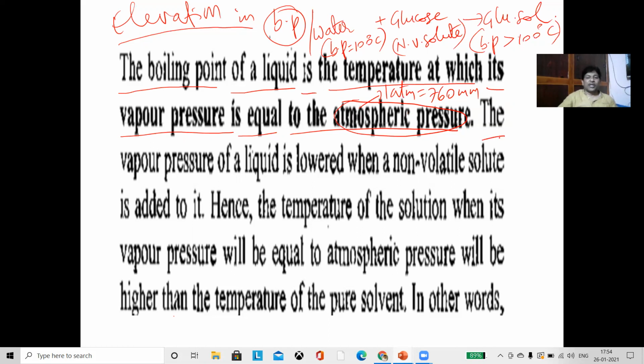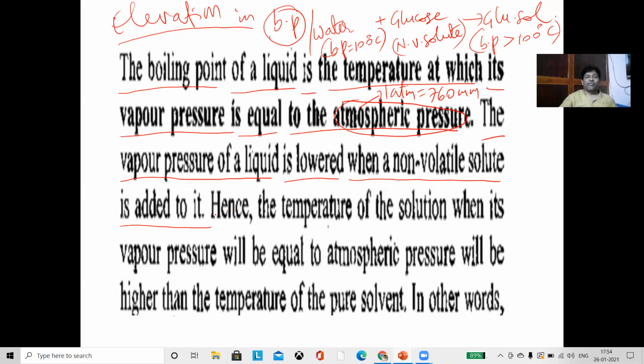Next, the vapor pressure of a liquid is lowered when a non-volatile solute is added to it. Whenever we add glucose, a non-volatile solute, to water, what happens now? The vapor pressure of water will be decreased. Whenever the vapor pressure of water is decreased, it will take more time to reach 760 mm.